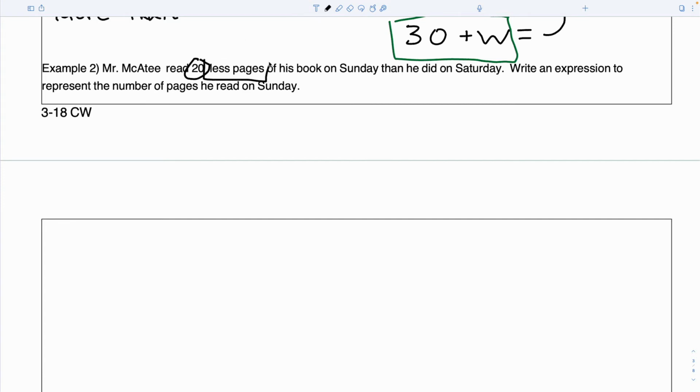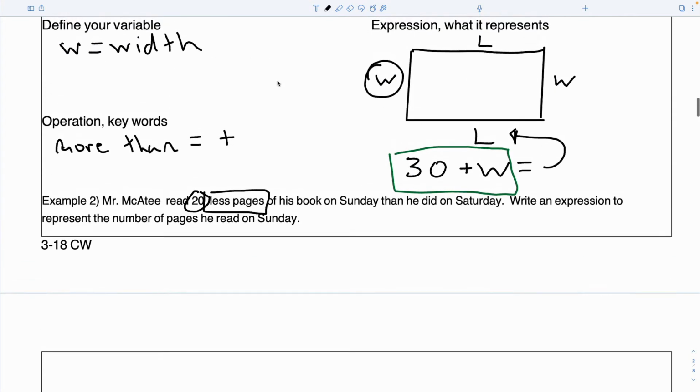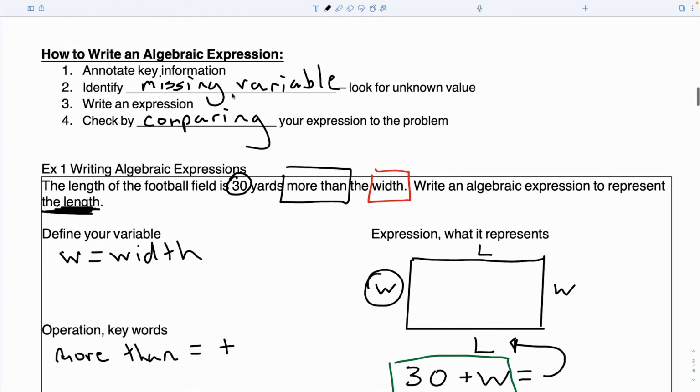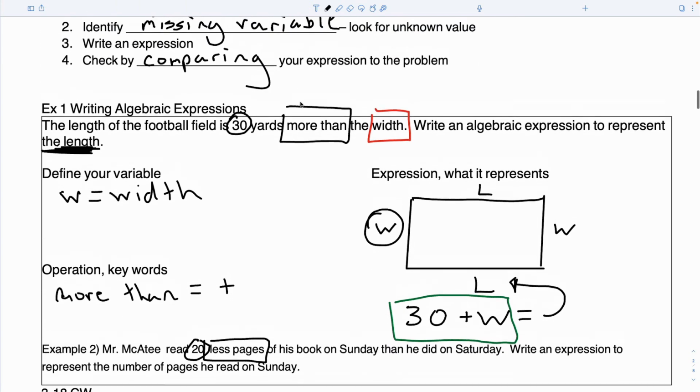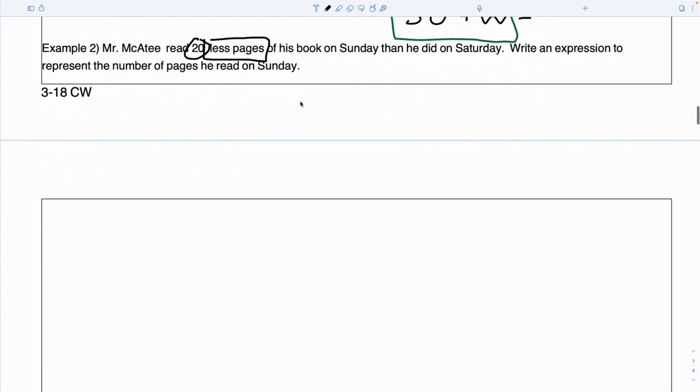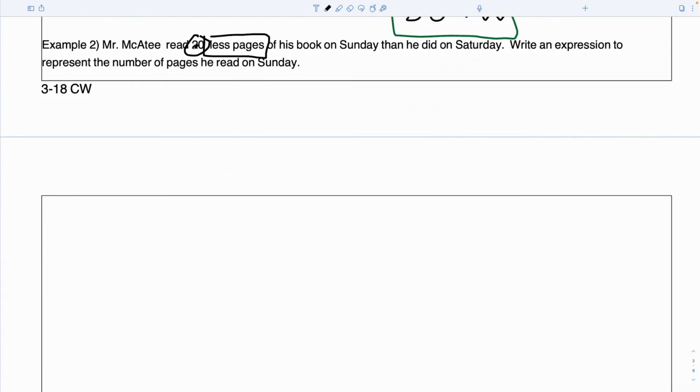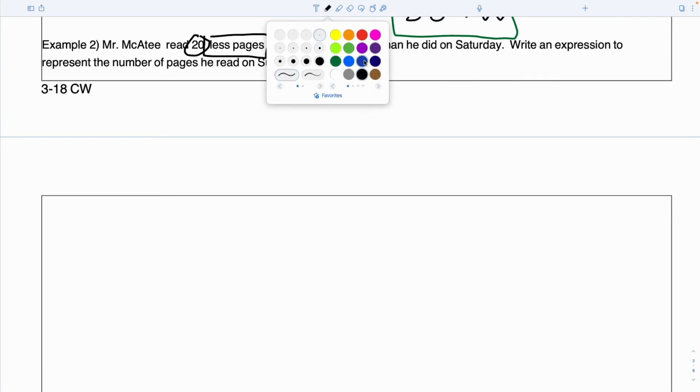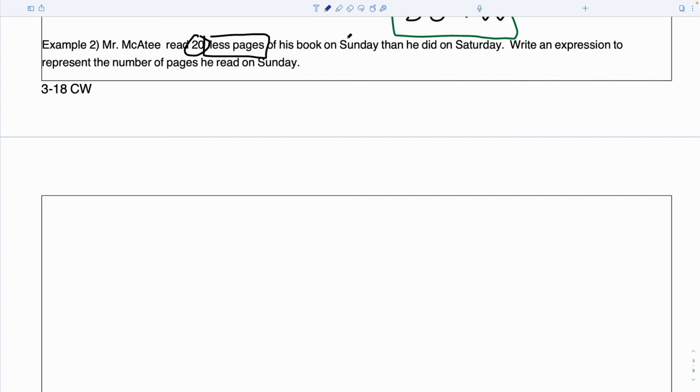Great. Okay. So first step is to annotate the key information. Then we're going to look for the missing variable. I think it's subtracting, but I need to have something that is missing that I can use for the expression. There are 2 things that I don't know. I'm not sure how much I read on Sunday, and I'm not sure how much I read on Saturday.